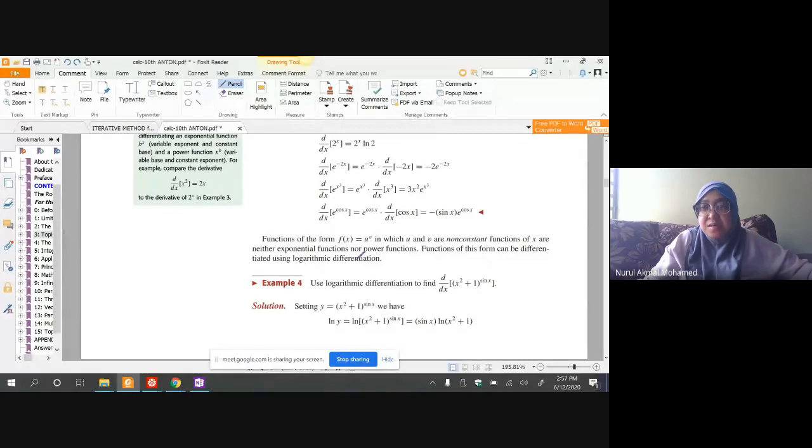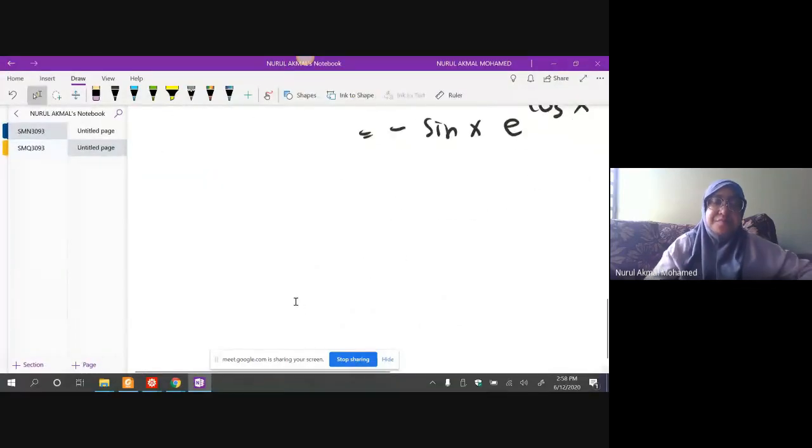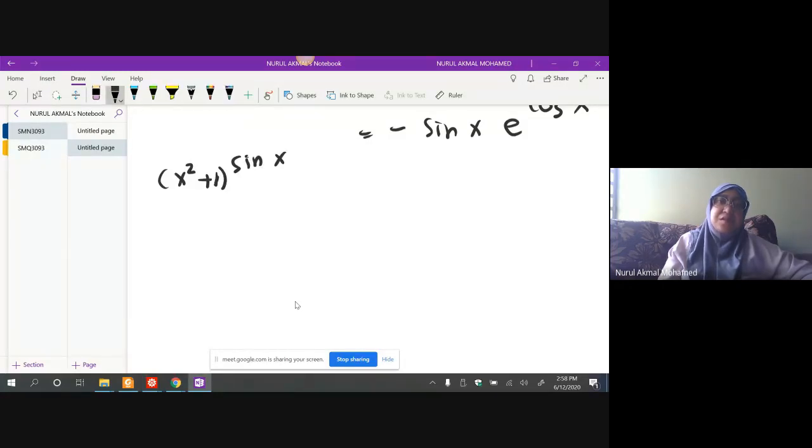For this one, you have to take ln of both sides of the equation. So x squared plus 1 to the power of sine x, this is your y.